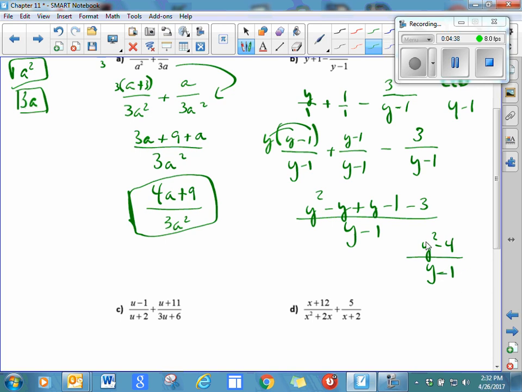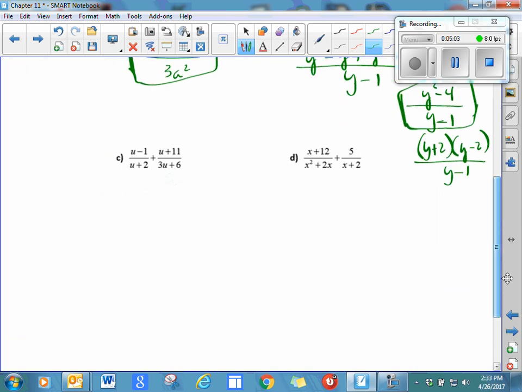Now, you might notice that y squared minus 4 is the difference of 2 squares. So you could write it (y plus 2)(y minus 2) over y minus 1. And that would be acceptable as well. There's really no need to do that because there's nothing in here that will cancel with what we've got in the denominator. So I probably would just abandon ship right here and call it good.